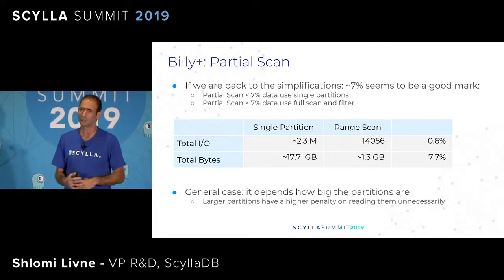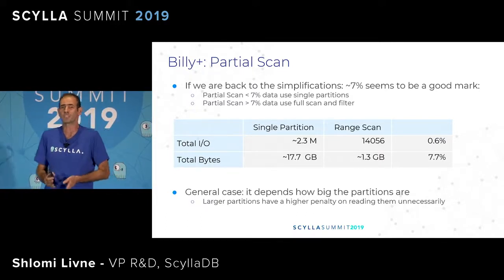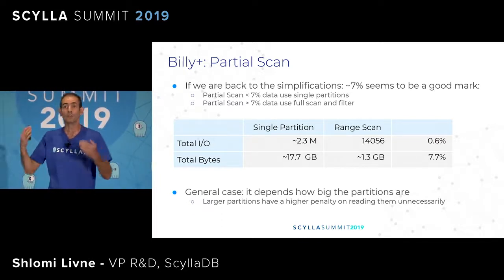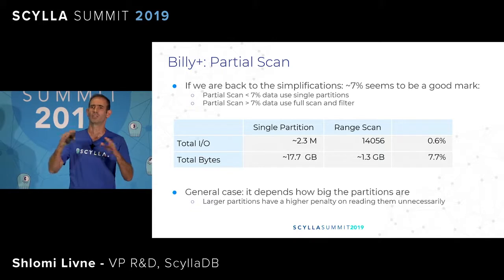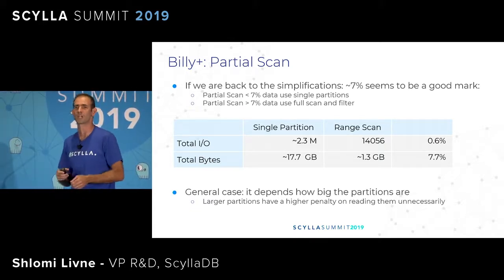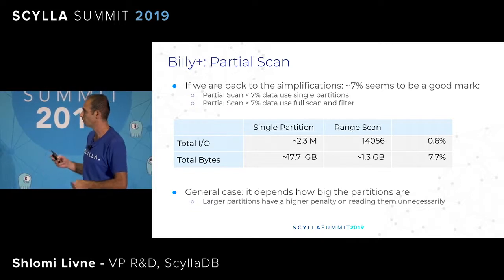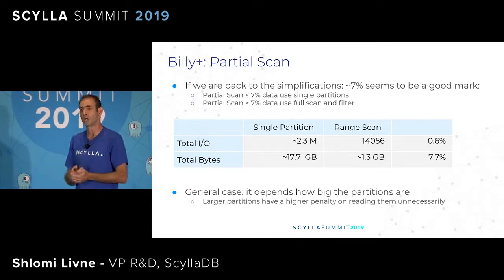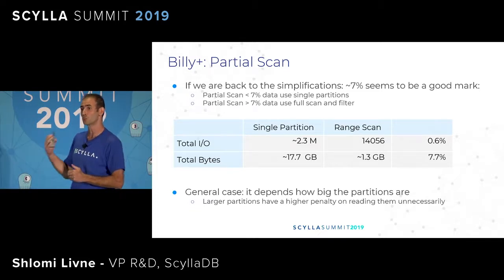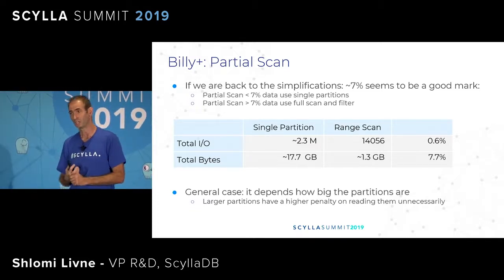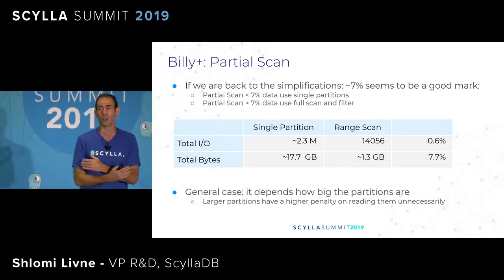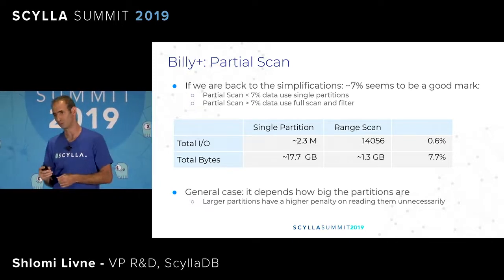If I'm talking about 90%, I'm only interested in 10% of the data, then I should use full scans. I'll be reading less information off the disk. And in our use case, 7% seems correct. So if the partial scan would request getting back less than 7% of the partitions, you should use single partitions. And if it's doing more, then you should do a full scan. Although you'll be reading all the data, it will be more optimal, as I showed you.